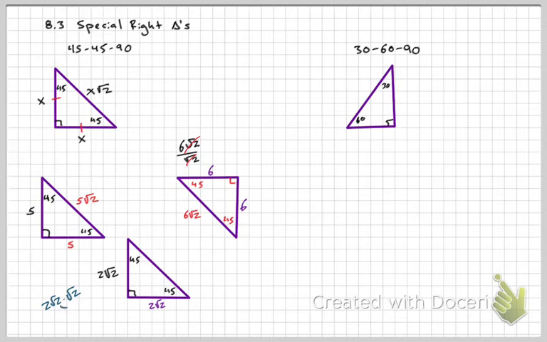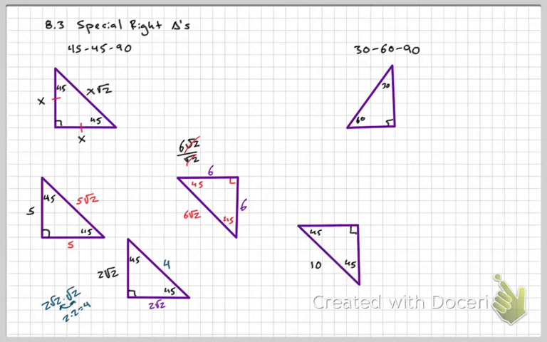So the radical 2's get multiplied together. Rad 2 times rad 2 is rad 4, which is 2. Then 2 times 2 would be 4. So our hypotenuse length is 4. Again, rad 2 times rad 2 is 2, and 2 times 2 gets us 4. All right. Let's look at another one.